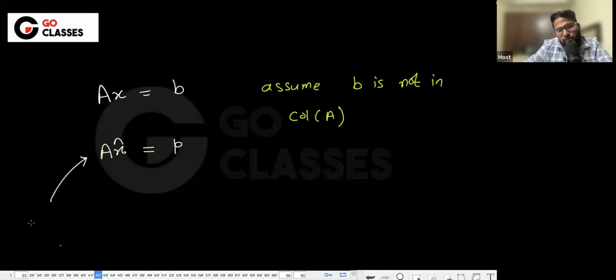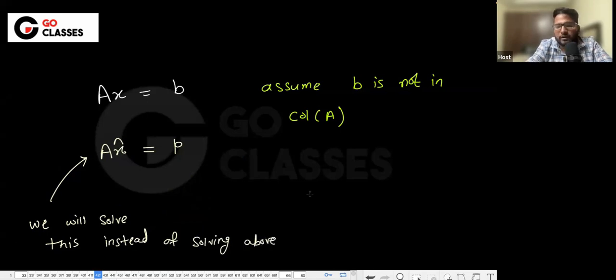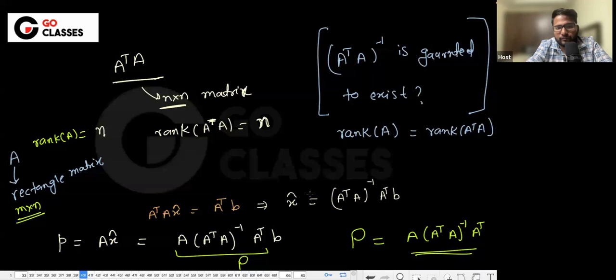Now, we have got this equation also: A transpose A x cap equal to A transpose B. We want to solve for x cap.